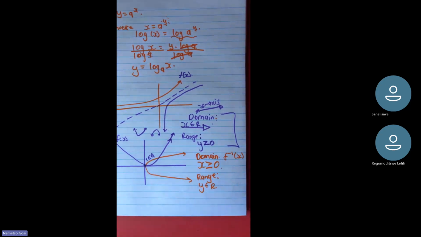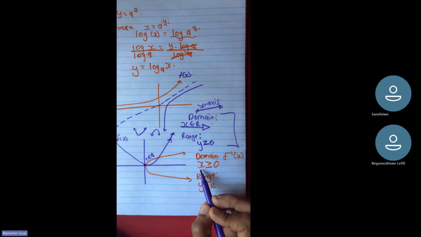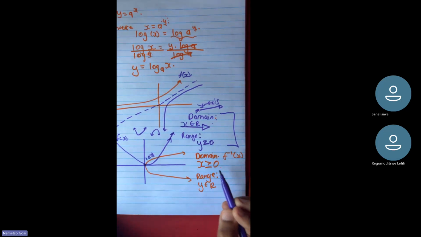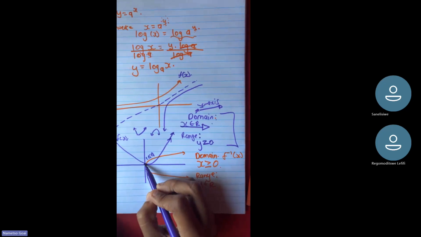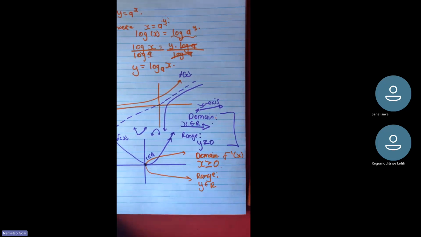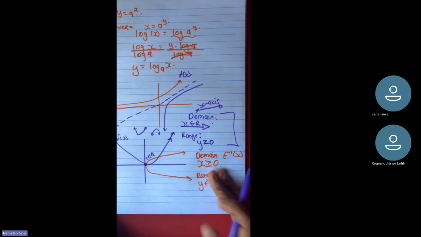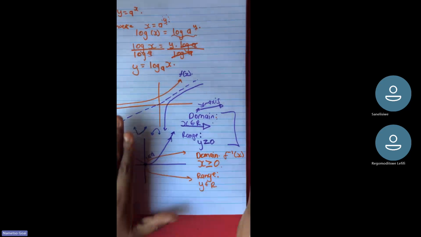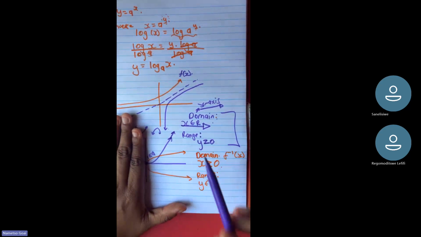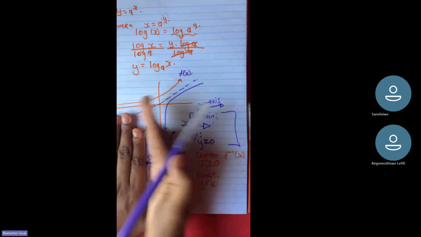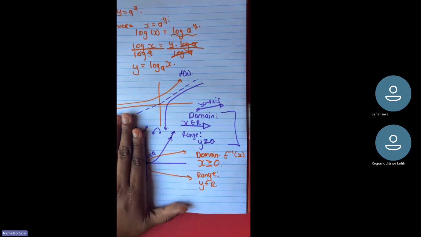And it does make sense. Let's look at our inverse. We're saying that for the domain, x should be greater or equal to 0. Look at where the graph is. If they're saying x should be equal or greater than 0, that's true, because our inverse function only exists on the positive x values.